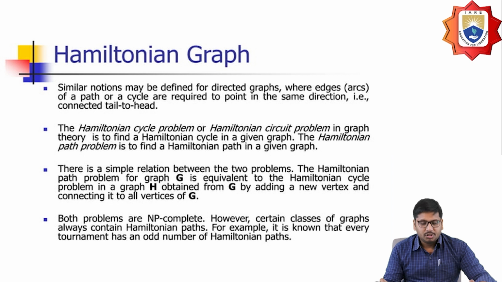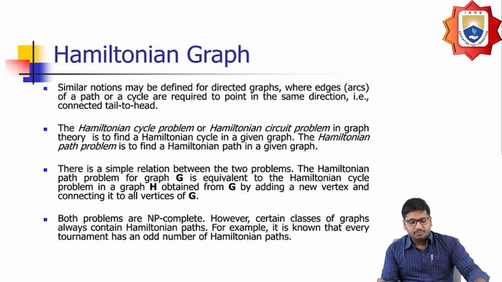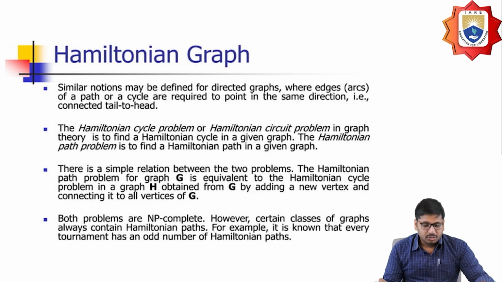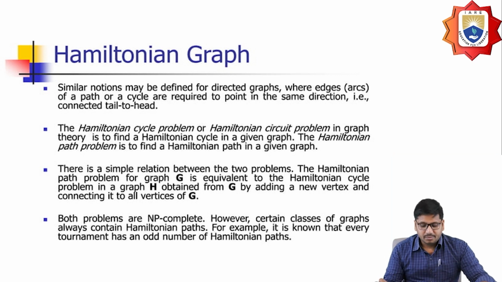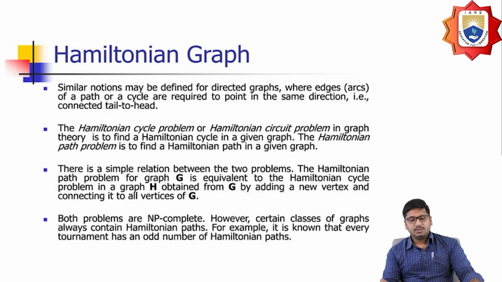There is no simple relationship between the two problems, and the Hamiltonian path problem is equivalent to the Hamiltonian cycle problem. And both the problems are NP complete. However, there are certain cases where the graph always contains Hamiltonian paths. For example, it is known that every tournament has an odd number of Hamiltonian paths.